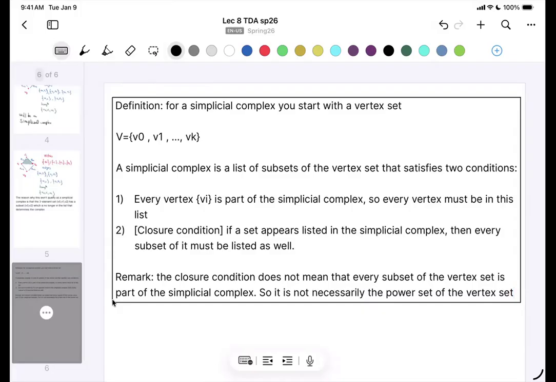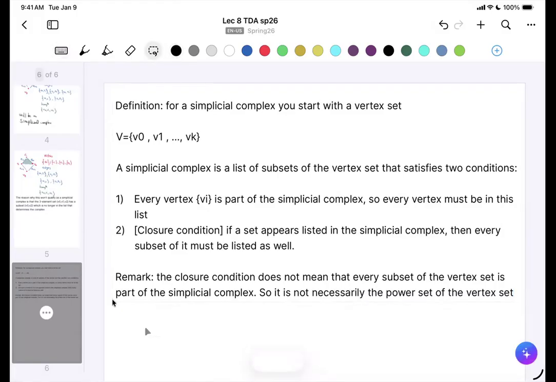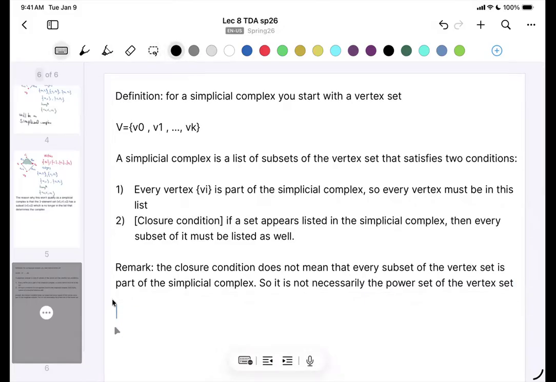Here's a fun example because it's not necessarily something you would think about in the first class. You could think of the vertex set as being represented by all the professors at a university.